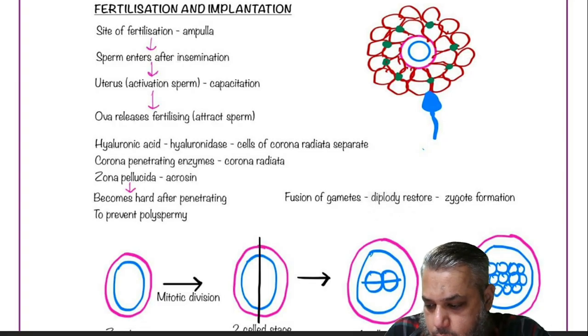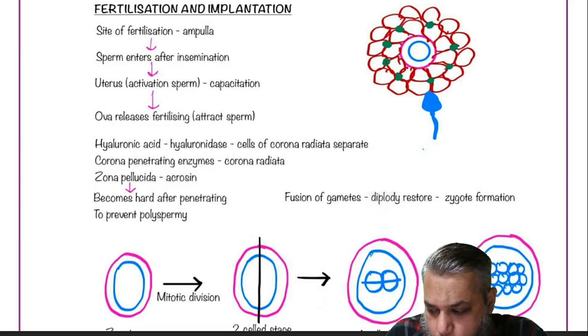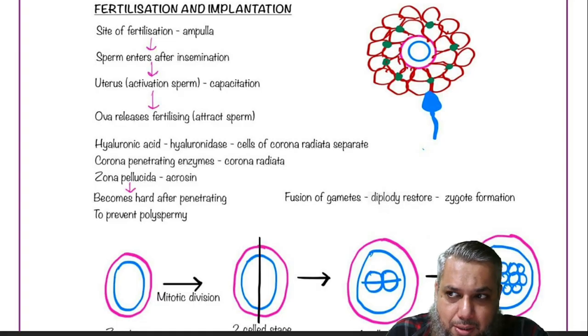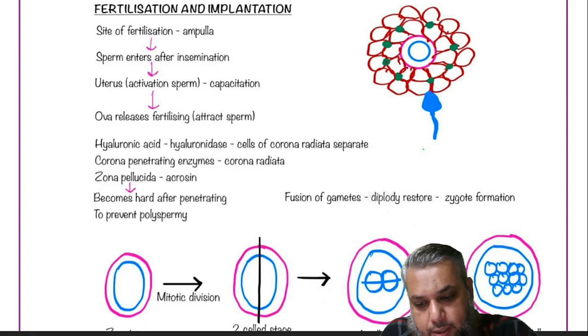The sperms start vigorously moving towards the ovum. The ovum shows the presence of layers called the corona radiata, zona pellucida, and the vitelline membrane. So it goes like this.